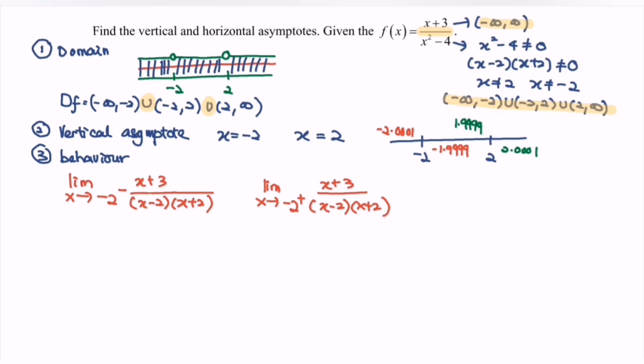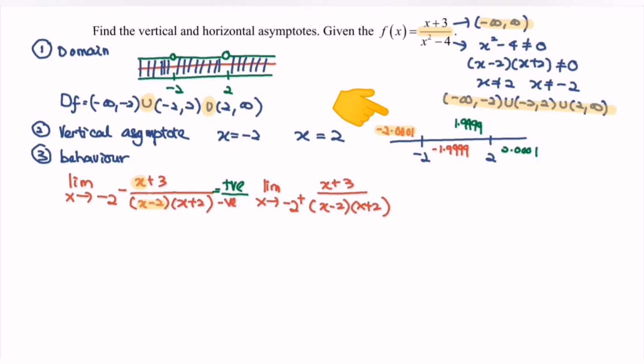So now we are going to discuss. For this case, we have to make use of negative 2.0001. If we substitute this value into this part, very obviously, we will have a positive value, and if we substitute into this part, we will have a negative value.